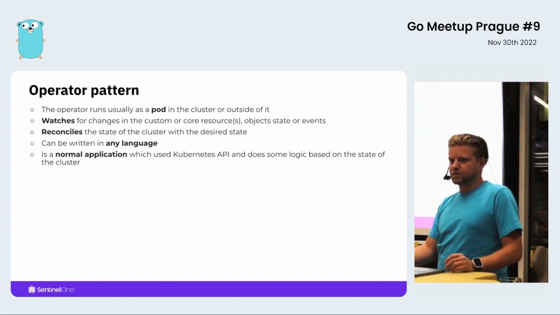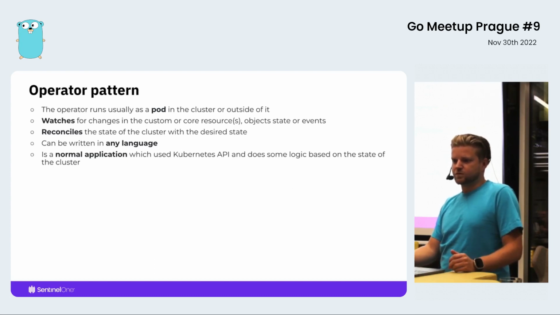The operator watches either the state of its own custom resources, or the state of objects or events on these objects, and it tries to make sure that what is written in the custom resource is actually applied on the cluster. So for example, the number of pods which should be running for an application and so on. So it's basically all the time aligning the definition with the actual state.